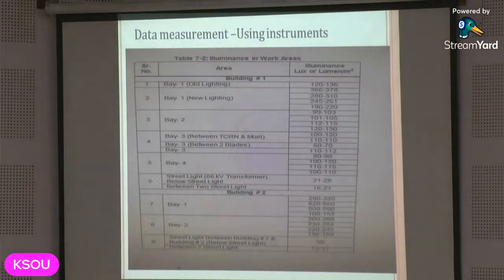Again on the lux levels, we need to visit each and every building. With the lux meter, we go to each and every corner of the building, measure the lux level, then compare with the required lux levels. Whether we have more lux or less, just average it, balance it.